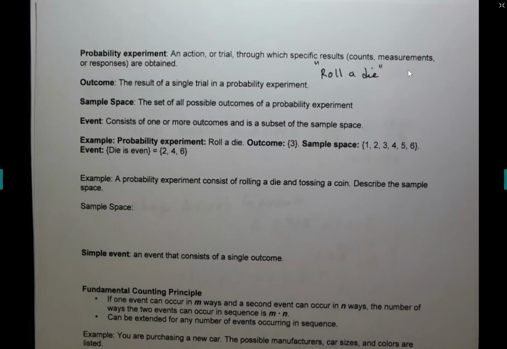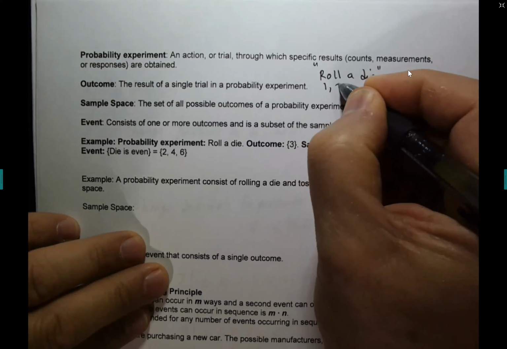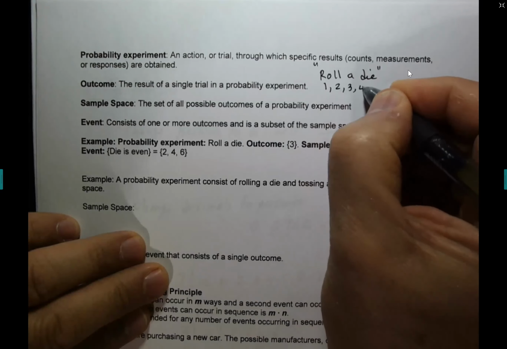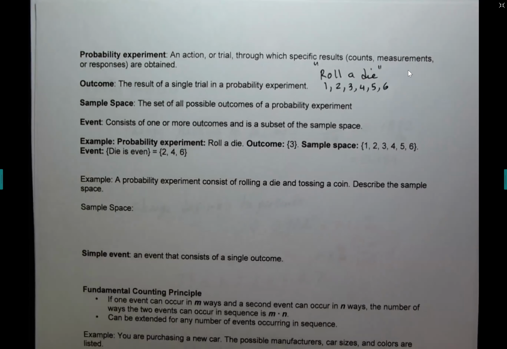So the outcome is anything that shows up. For the die, the outcomes could be a 1, a 2, a 3, a 4, a 5, or a 6. If we toss a quarter, what are the outcomes? Heads or tail. Either you get a head face up or you get a tail face up.